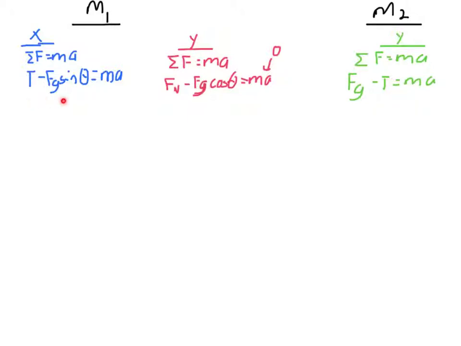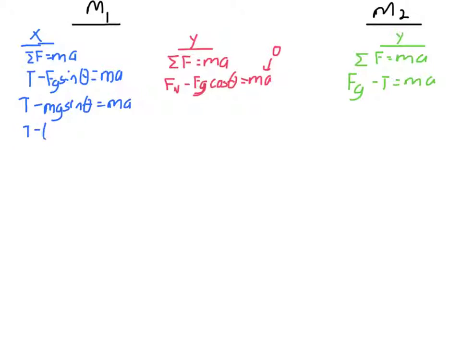And I'm going to start on the left, the x-axis for mass 1. It really doesn't matter where you start, but I know this has an acceleration in it that I need, so I'm just going to start working there. So this turns into T minus, Fg always turns into mg sine theta, equals ma. Well, I know some numbers here, so let's start plugging that in.